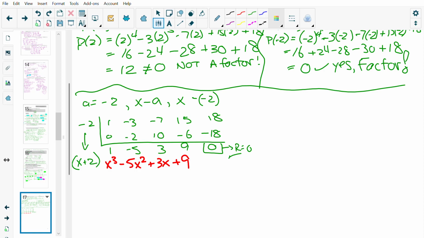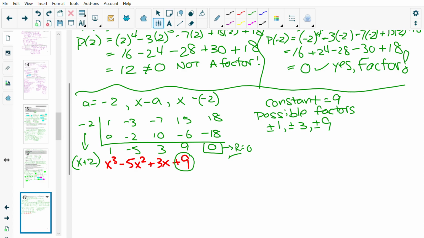So let's apply all these steps again. Look at the constant term 9. What are the possible factors? Plus or minus 1, plus or minus 3, plus or minus 9.